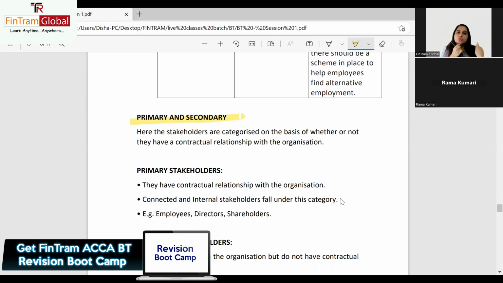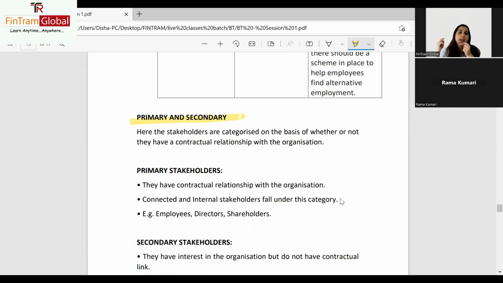Primary stakeholders are those stakeholders who have some sort of contractual relationship with your organization. So that's why only connected and internal stakeholders fall into this category. That is your employees, your directors, your shareholders. So any internal stakeholder or any connected stakeholder will be called your primary stakeholder, because they have a contractual relationship with your organization.